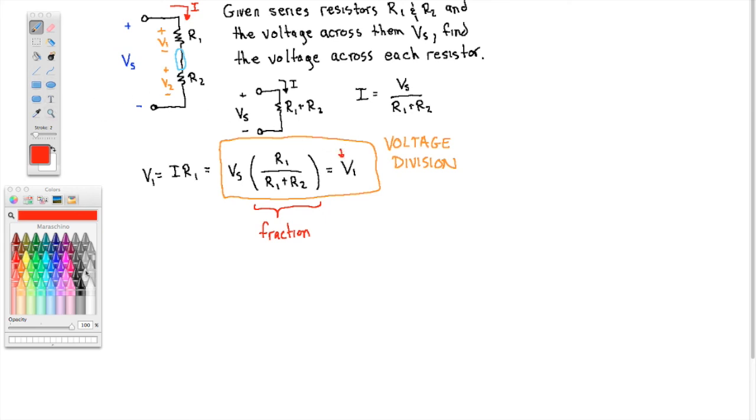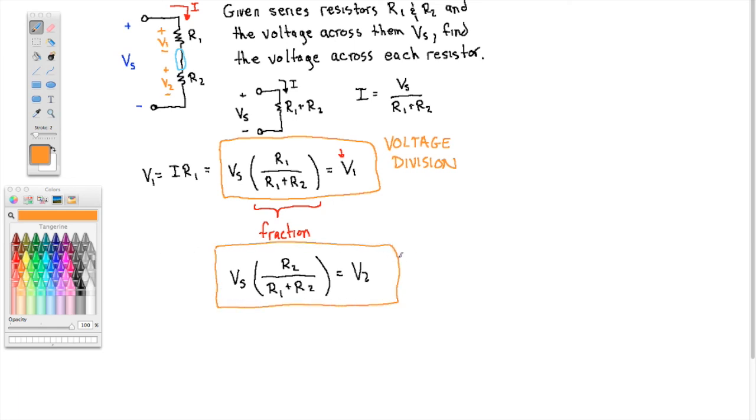And equivalently, if we looked at R2, we would have Vs, take the resistor whose voltage I want, R2, divided by the sum of the two resistors. That's going to be equal to V2, the voltage across the second resistor. Okay, that's also voltage division.